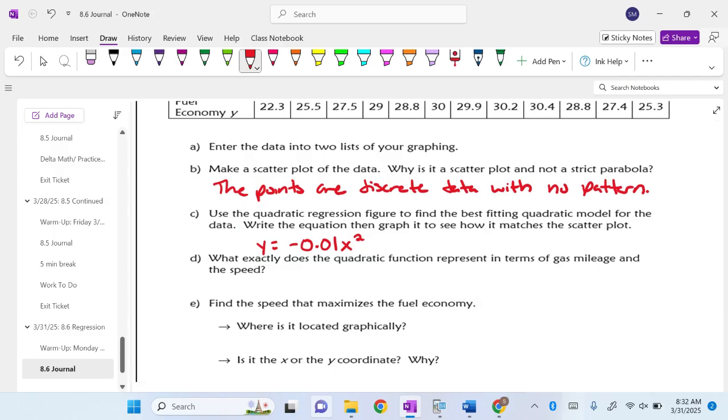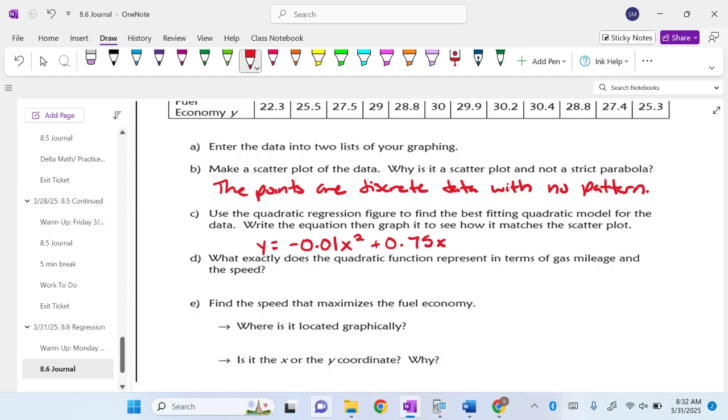What's my b value? Guys, if you did it, you're just reading off your computer. What's my b value? 0.75. So plus 0.75x.